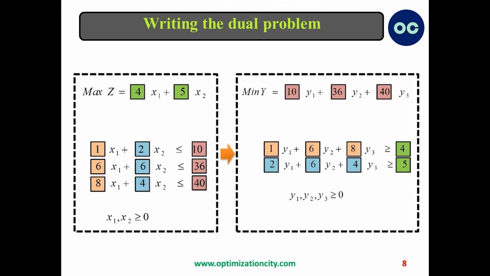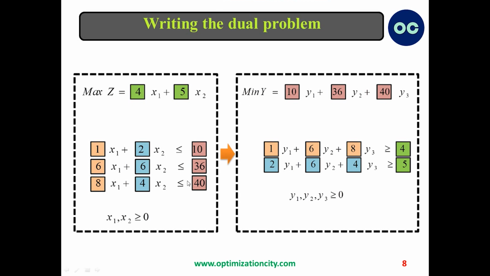If the constraints are in the form of less than or equal, here the constraints are in the form of less than or equal, so the variables are non-negative in the dual model. And the objective function aims to maximize, we can create the dual model as follows.